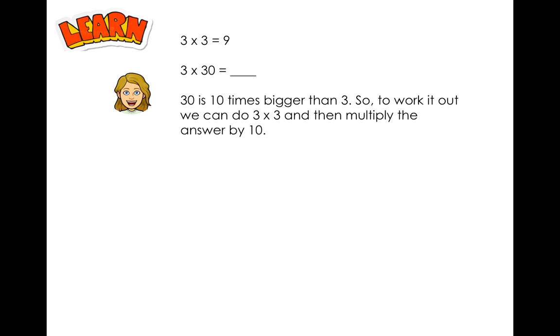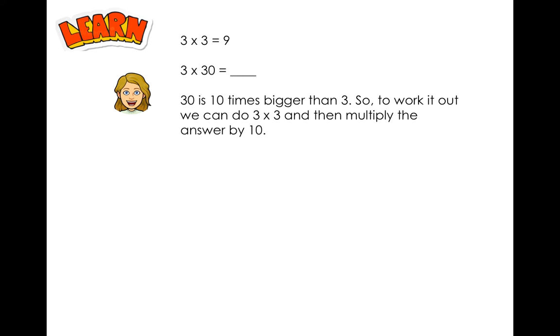Brilliant. Let's just look at a couple more examples before I talk you through today's learning. So I've got 3 times 3 equals 9, and I'm going to use that to work out 3 times 30. Now, I know that 30 is 10 times bigger than 3. So what I've got to do is times the answer 9 by 10 to work out 3 times 30.